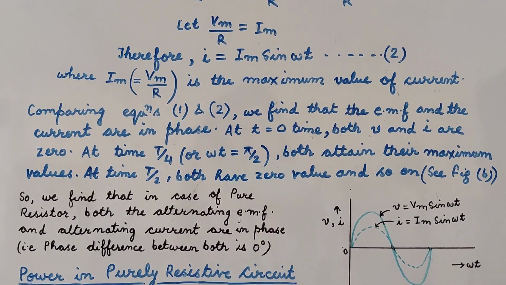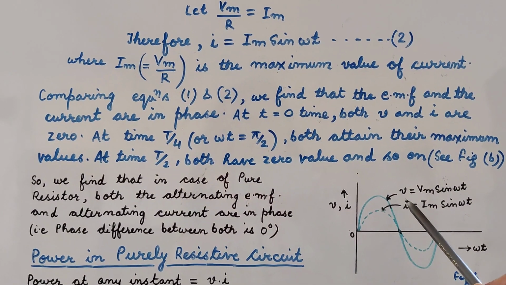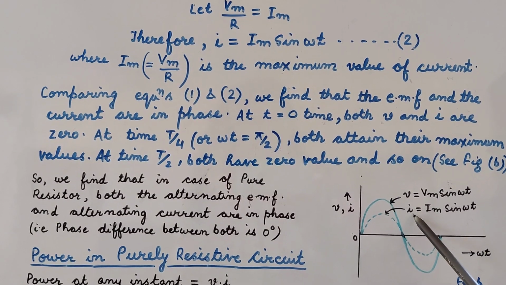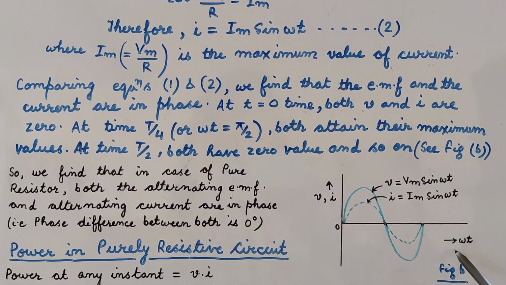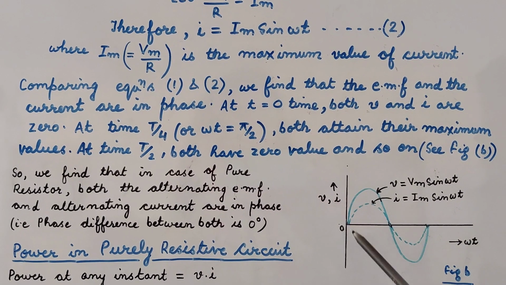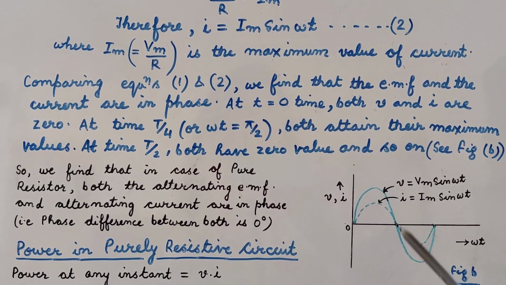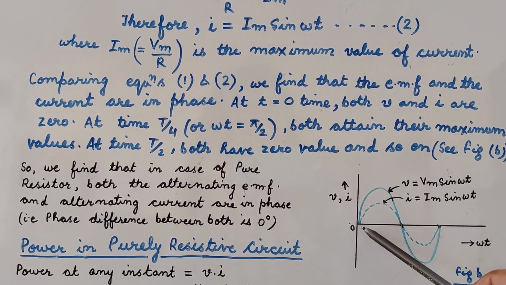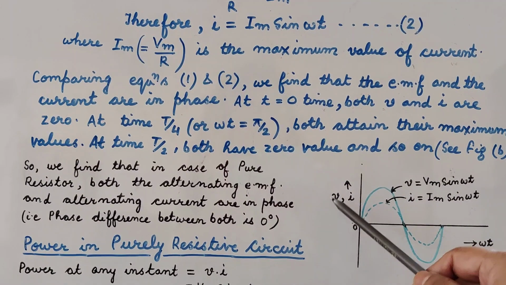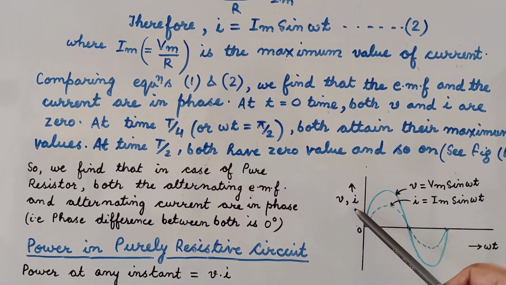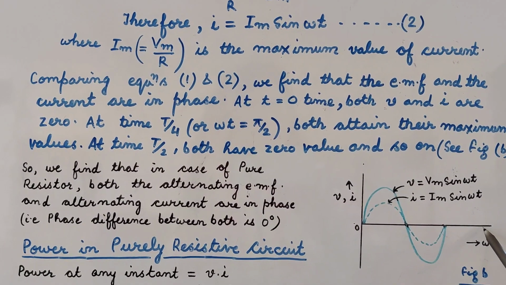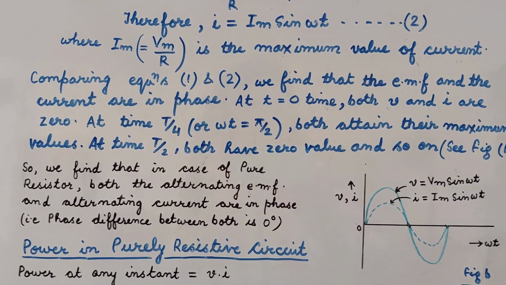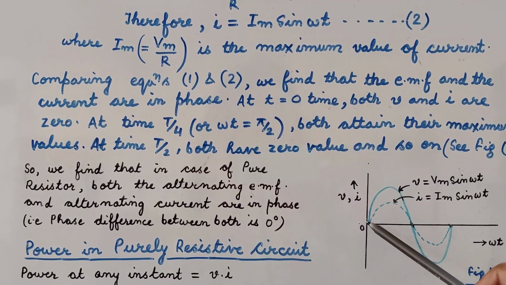So if we plot both the instantaneous voltage and the instantaneous current with respect to time or omega t, the plot will come out to be as shown in this figure. We have plotted both the instantaneous values of the voltage and the current along the y-axis, and the time or omega t along the x-axis, and we get a graph.